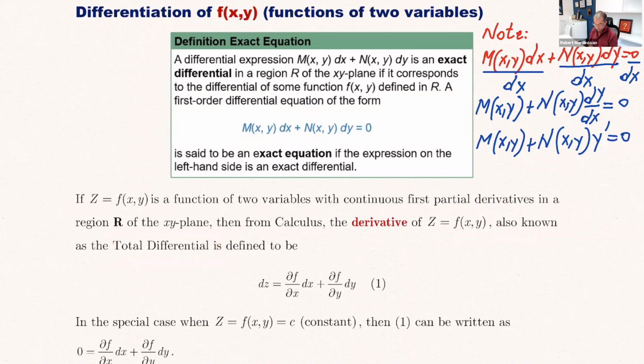So please remember that the total differential of f(x,y), you can say that's dz, is the partial of f with respect to x times dx plus the partial of f with respect to y times dy. One thing I want you to notice right now is that the partial of f with respect to x is M(x,y) and the partial of f with respect to y is N(x,y). Just notice that because this is going to help you when you solve an equation like this.